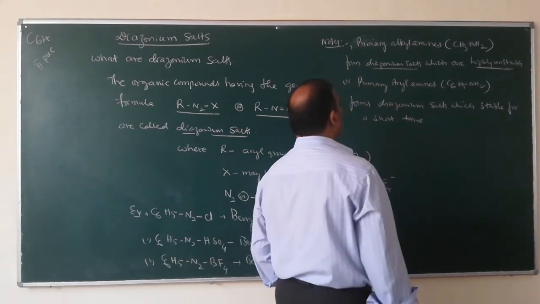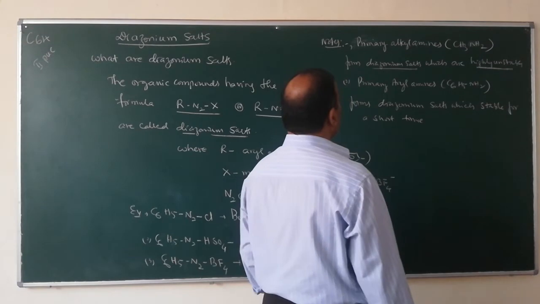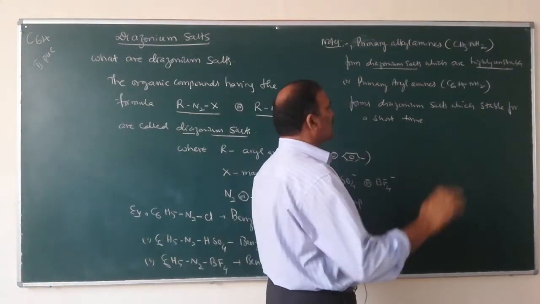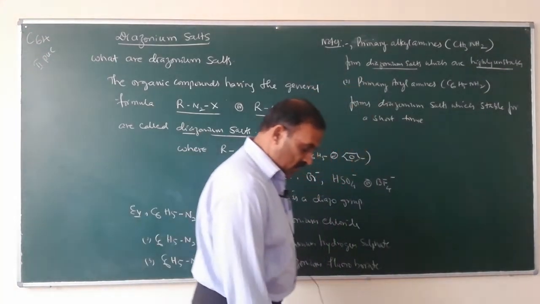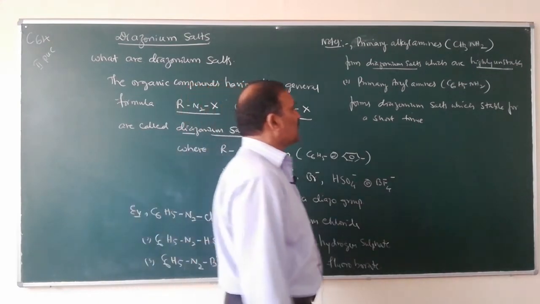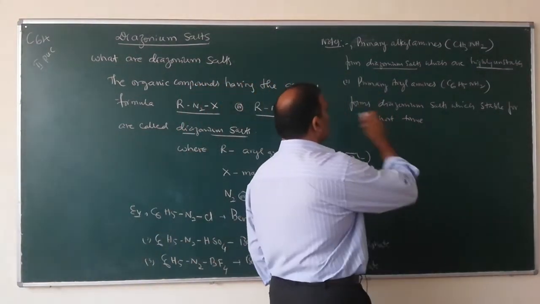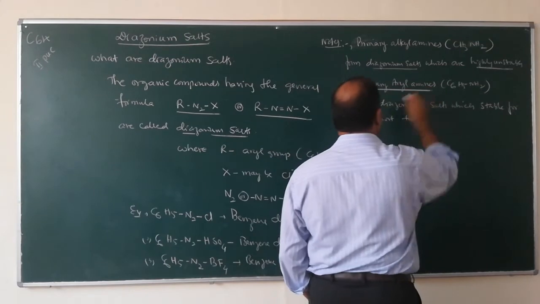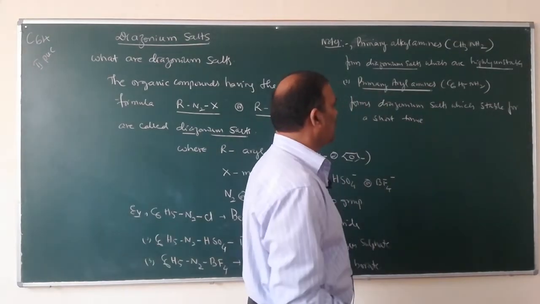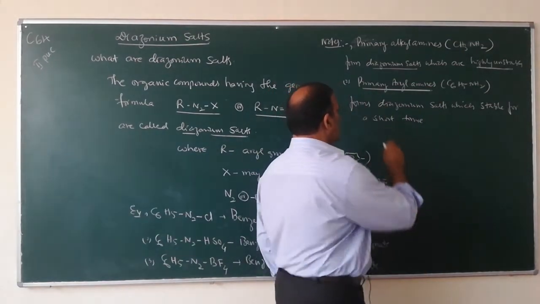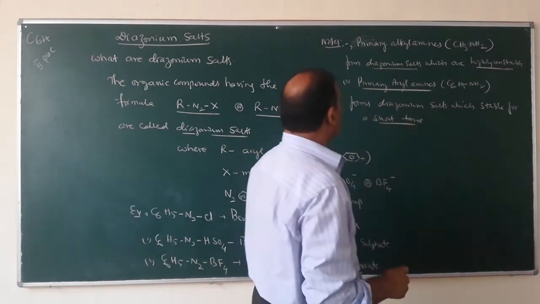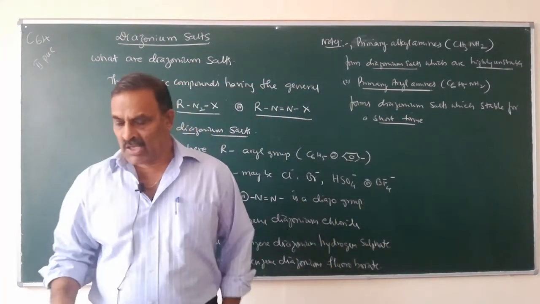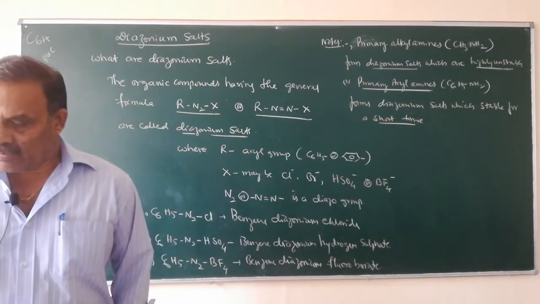We cannot have the stable diazonium salts from alkyl amines, whereas primary aryl amines, namely aniline, form diazonium salts which are stable for a short time. So this is note number 2.